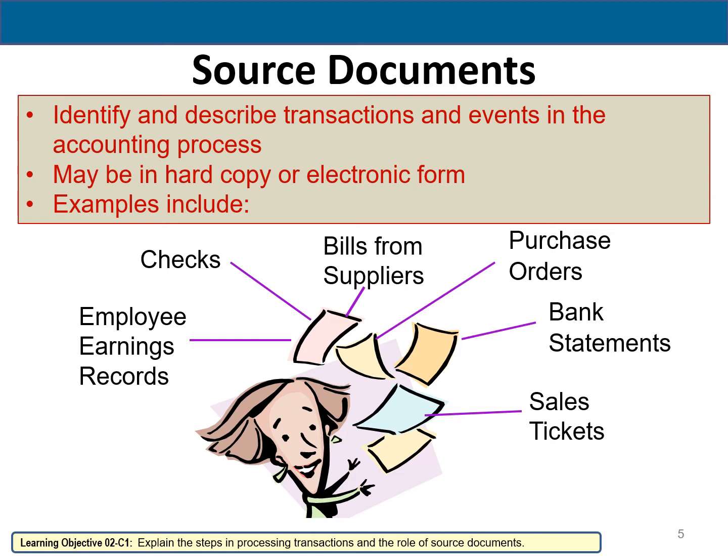Examples of source documents include employee earning records, checks that maybe you've written to pay your suppliers or even your employees, bills that you receive from suppliers, purchase orders, bank statements, and sales tickets. They're those types of documents where we obtain the information that we need to then record the activity in the accounting records.